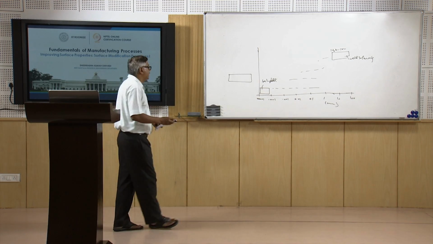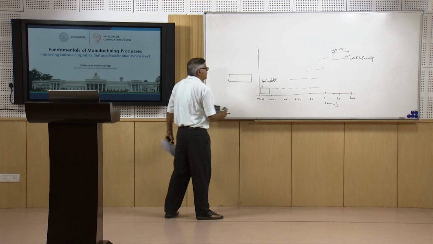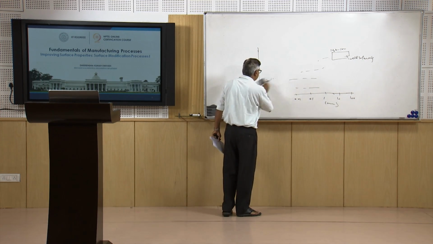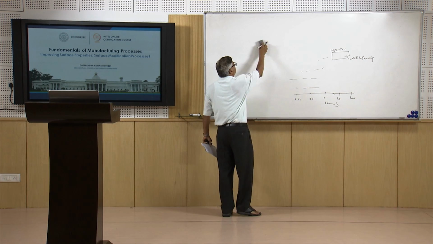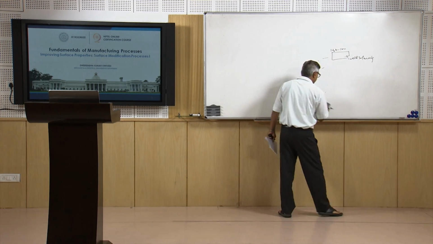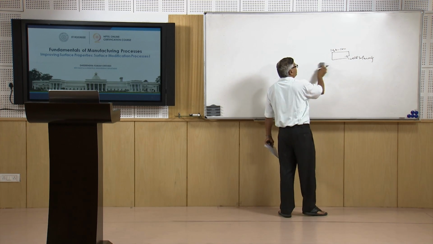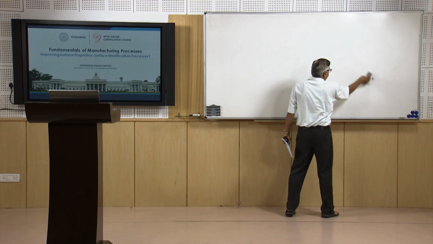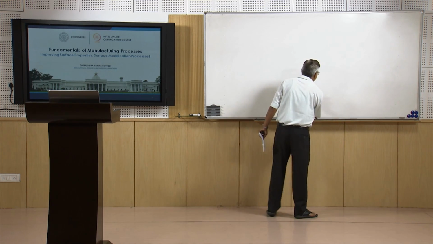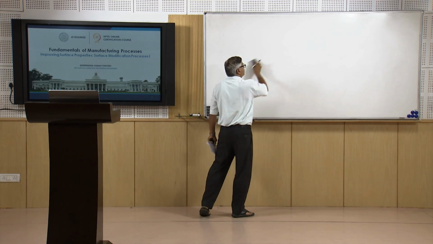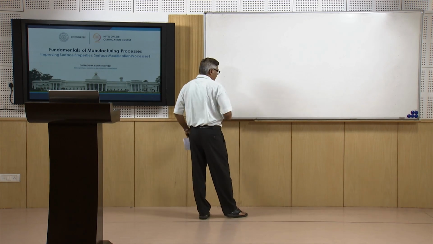So there is a wide range of processes which can modify the surfaces up to different depths. Depending upon the purpose of the application for which the surface needs to be modified, the suitable process is selected so that the required depth of the modified surface is made available.